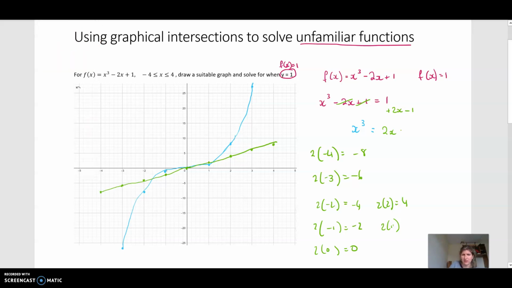Now, we should actually have, in this case, 3 points of intersection. This won't be true for all cubics. But we've got one point of intersection here, we've got another one at 0, 0, and then we have another one at 1 there.